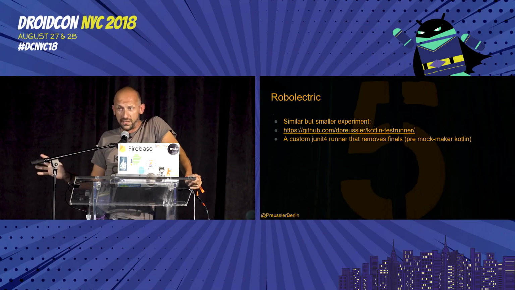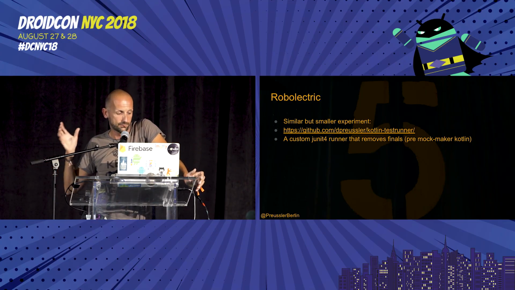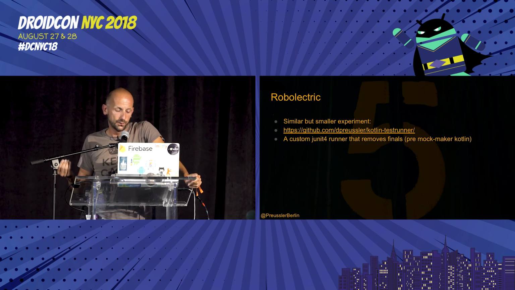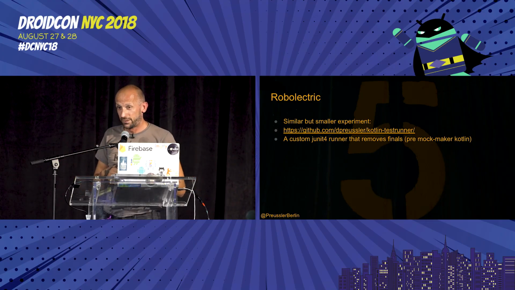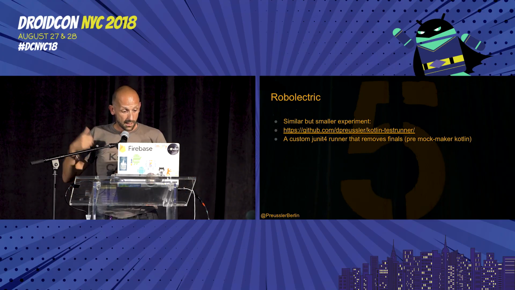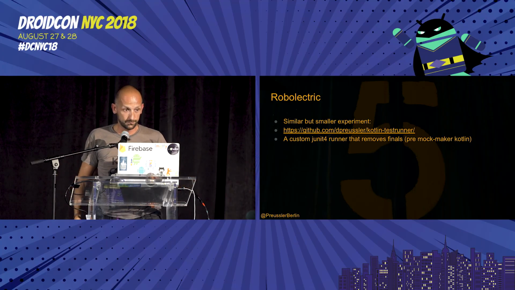It is a really, really heavy test runner, so there's no way I could get this implemented for this talk. But I had a different test runner that was also heavily relying on custom class loading, which was from before Mockito 2 had support for mocking finals. I wrote this test runner that would remove finals from classes I want to test.